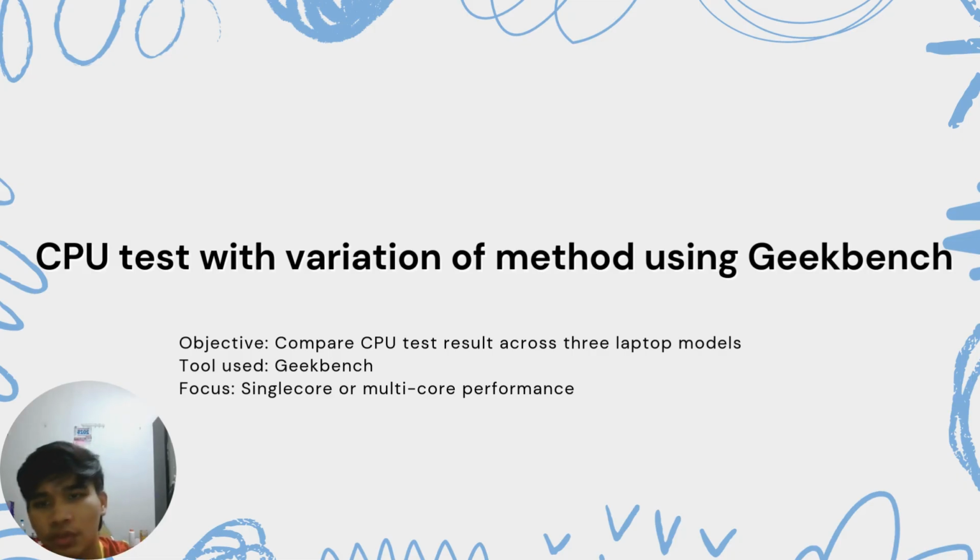Next, for the CPU test with a variation of methods using Geekbench. Our objective is to compare CPU test results across three laptop models. The tool we use is Geekbench, and our focus is the score of the single-core and multi-core performance.